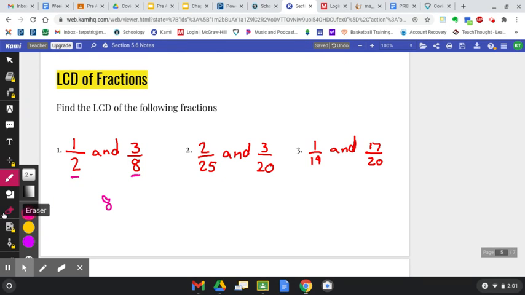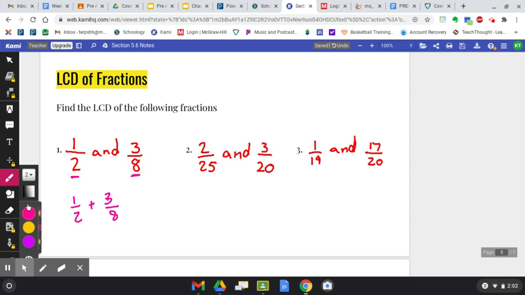Because if I were going to add 1/2 plus 3/8, I want to have a common denominator. I need a common denominator before I can add these together. And so it makes it easier if I can find the least common multiple. So that is the least common denominator.